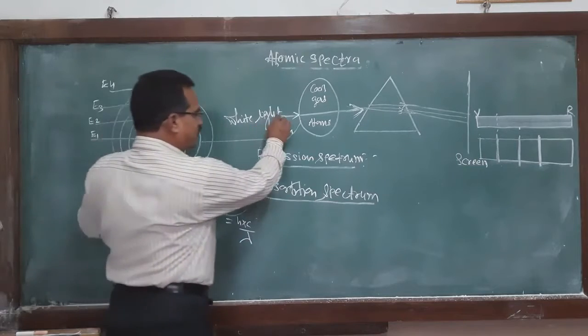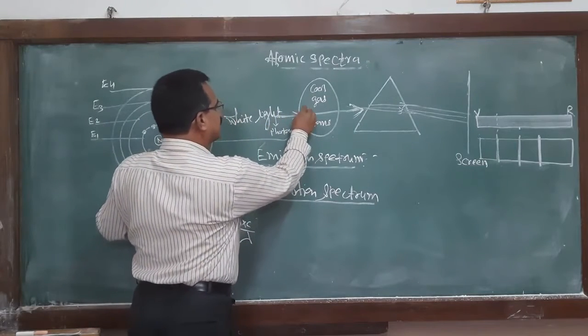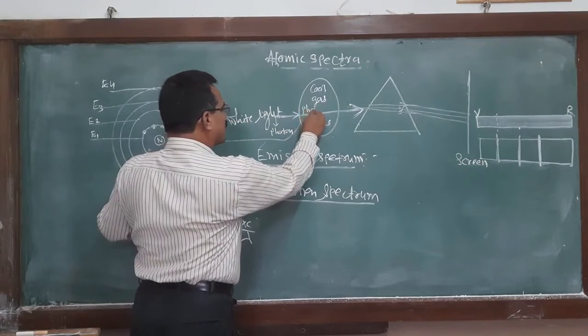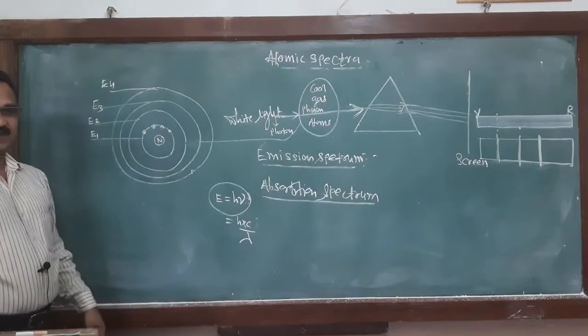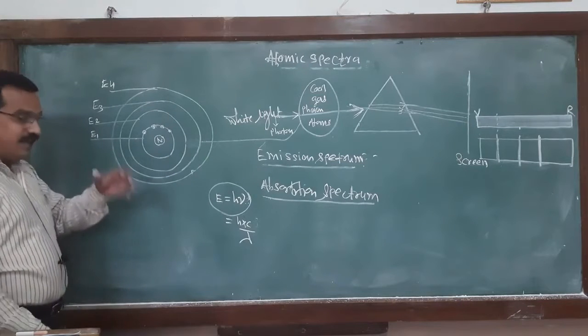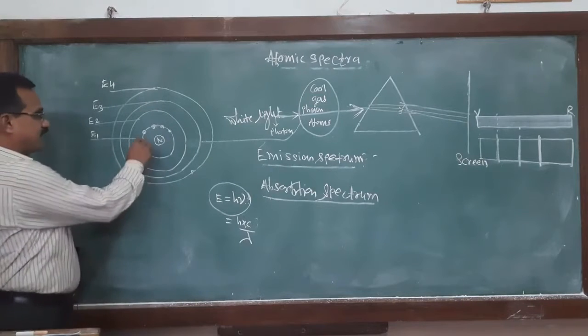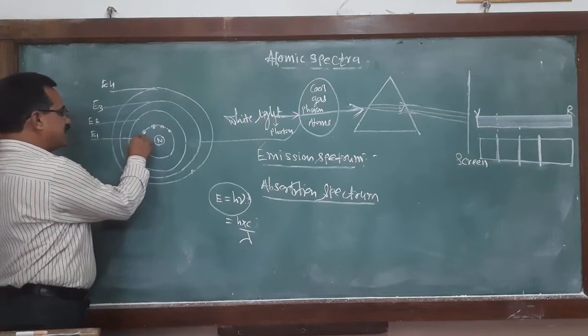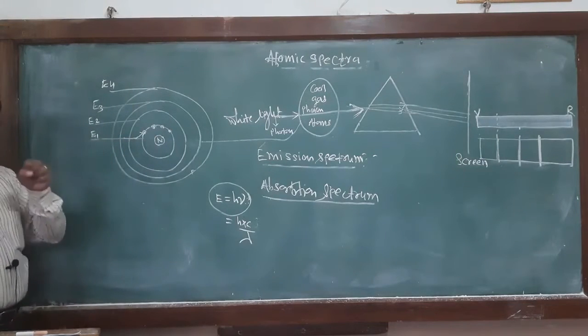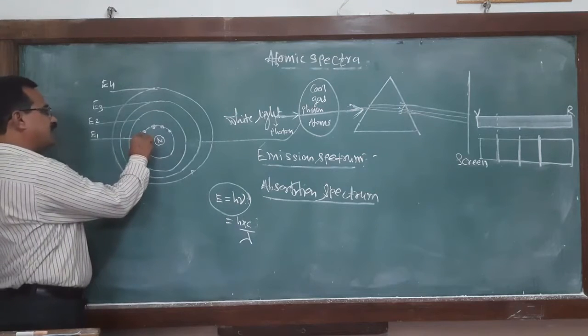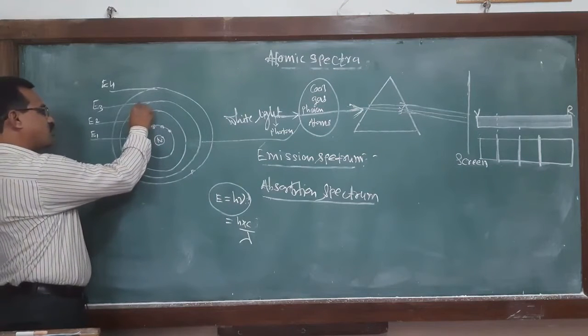Suppose that particular photon is absorbed by the gas. What will happen when that photon is absorbed? That energy is absorbed by this electron, and due to this absorption of energy, that electron jumps to the next orbit.